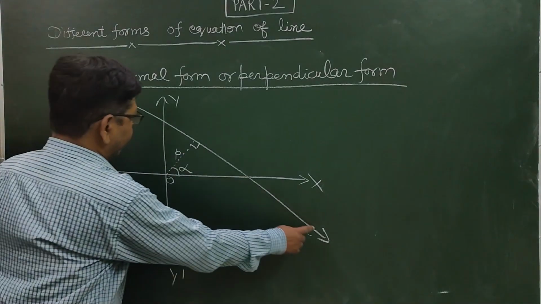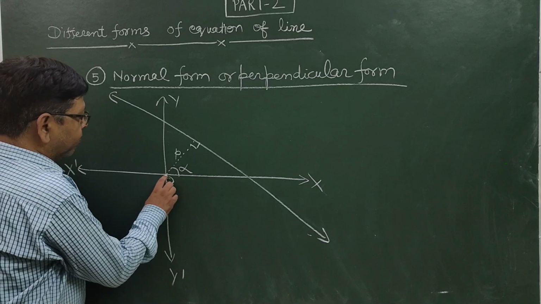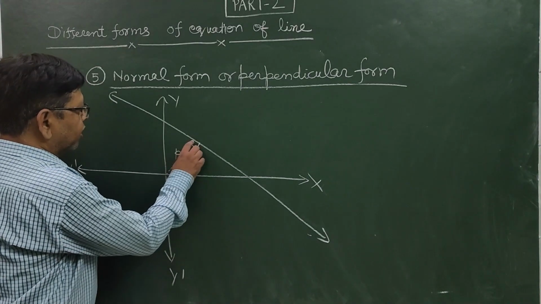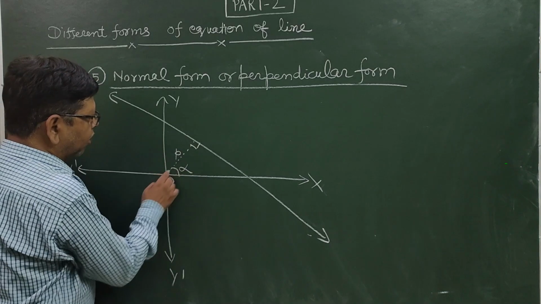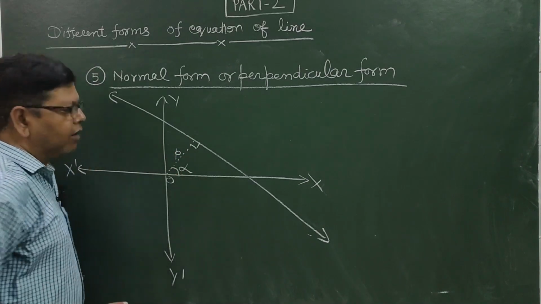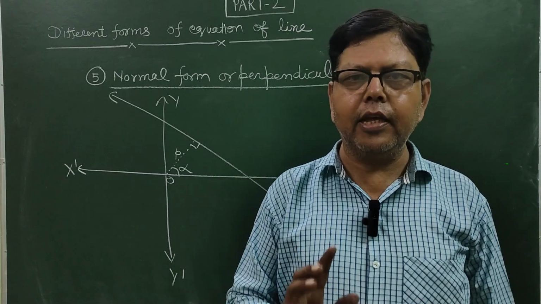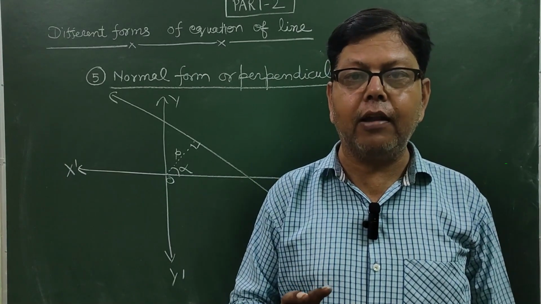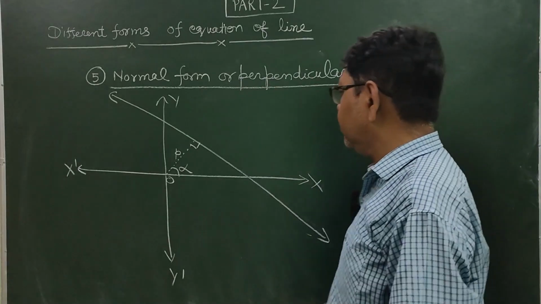If a line is drawn and a perpendicular from the origin is dropped on it, having length p, and this perpendicular or normal makes an angle alpha with the positive direction of the x-axis, then the equation in terms of p, alpha, x and y is called the normal form or perpendicular form.